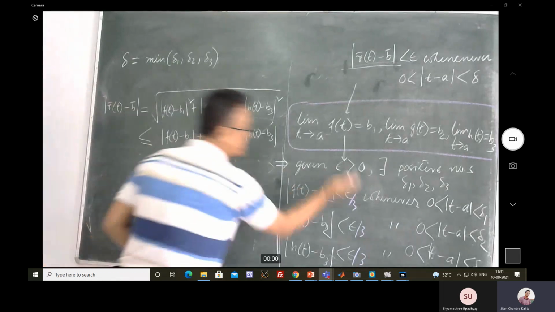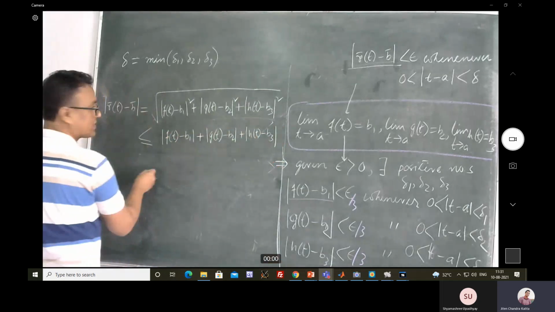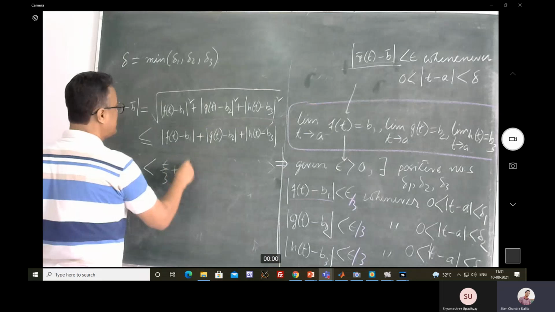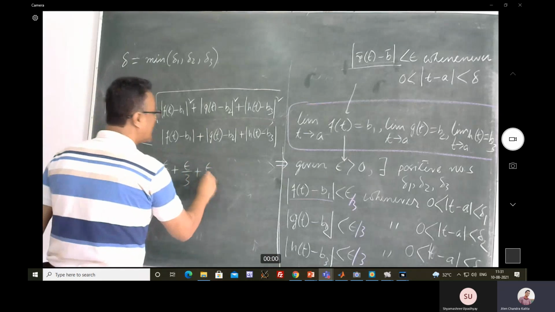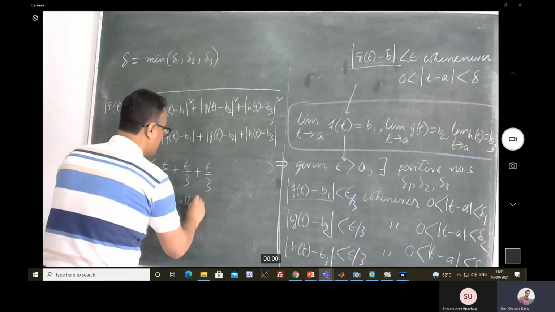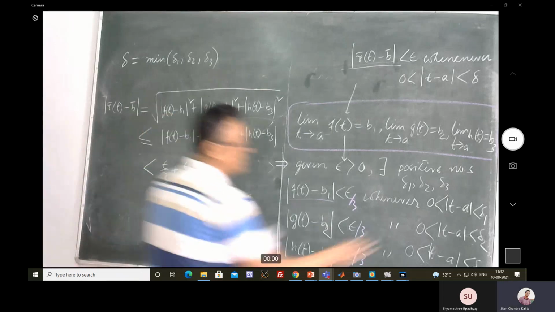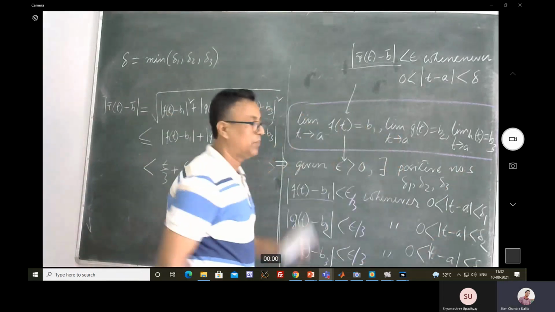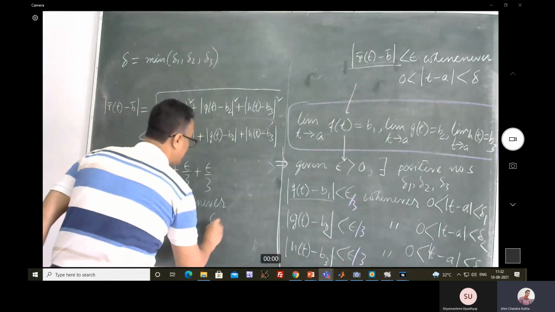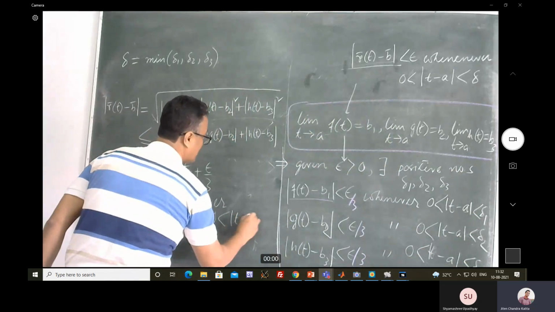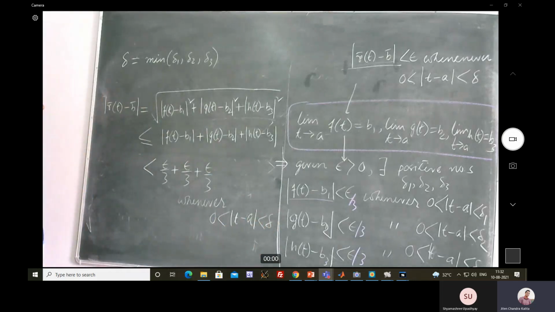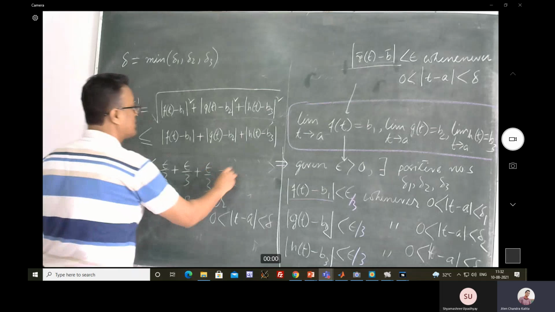And from these three, we can see that this is going to be strictly less than epsilon by 3 plus epsilon by 3 plus epsilon by 3, but not always, only whenever these three conditions are valid. But we can bring all these three conditions under one umbrella by simply writing 0 less than |t minus a| less than delta, and so this is equal to epsilon.